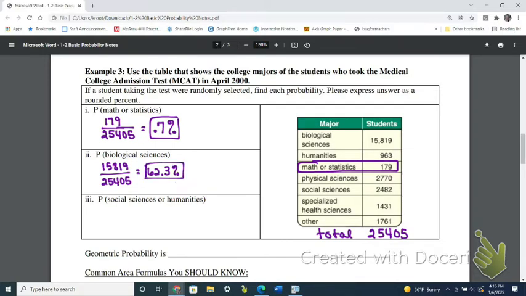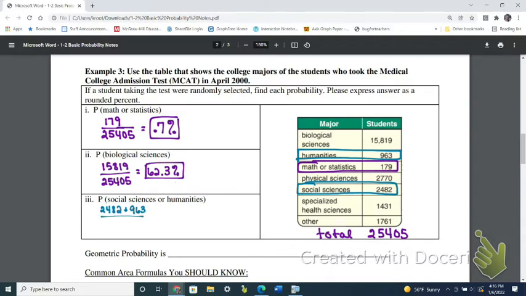And finally, social sciences or humanities. So I find social sciences and I find humanities, and I am going to add those totals together. So it's going to be 22,482 plus 963.